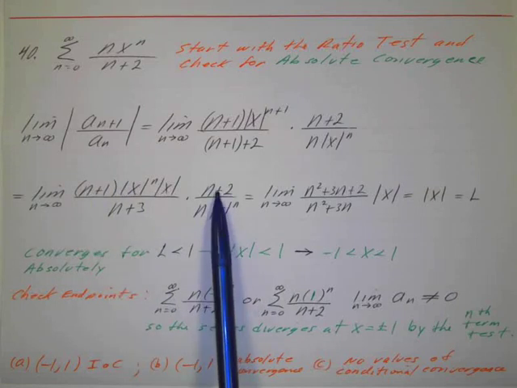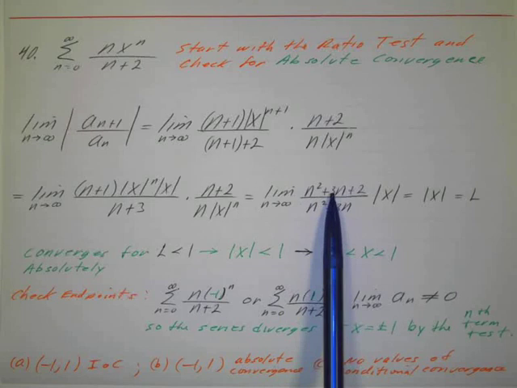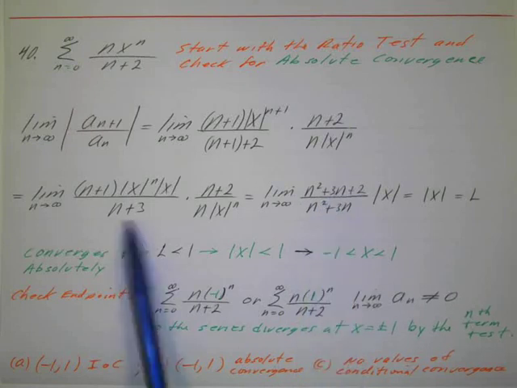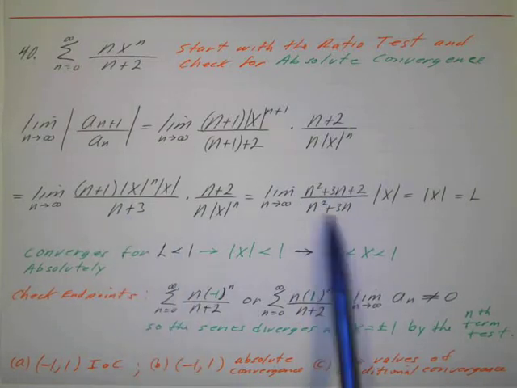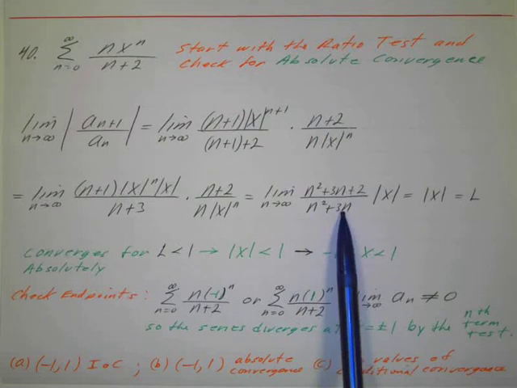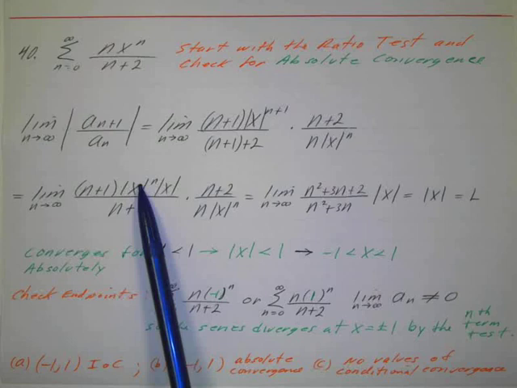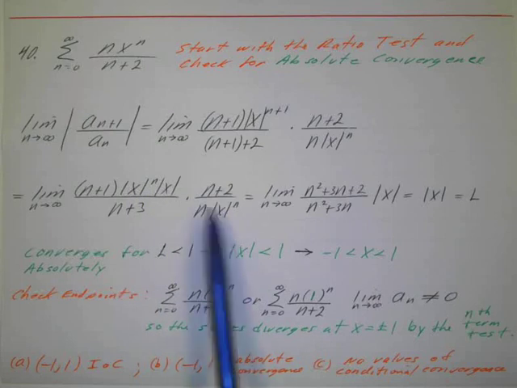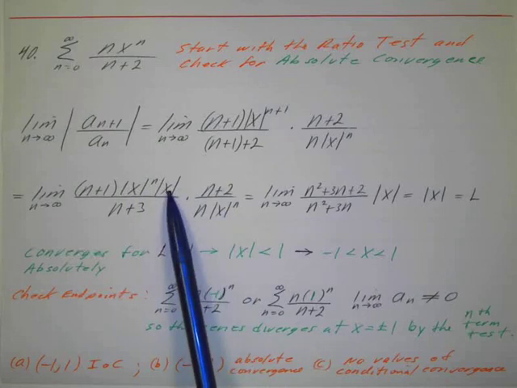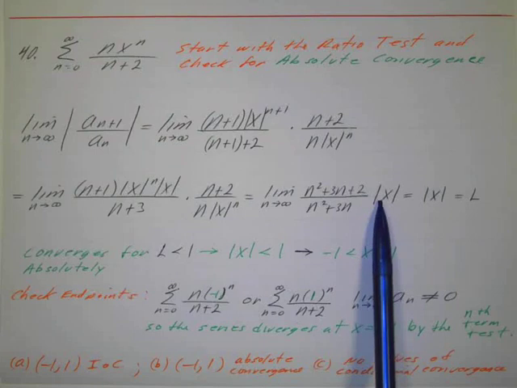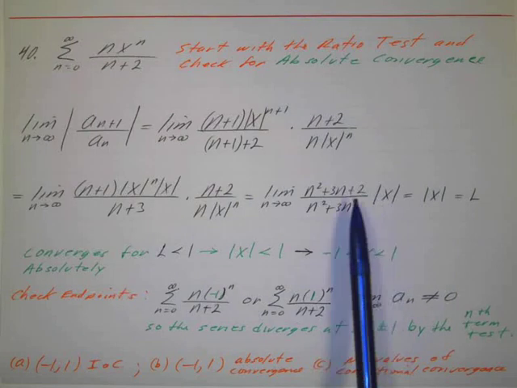And then I multiply these out. So that times that is n² + 3n + 2, and then this n + 3 times n is n² + 3n. And then again, these x^n's canceled. And then we just have this absolute value of x over here.